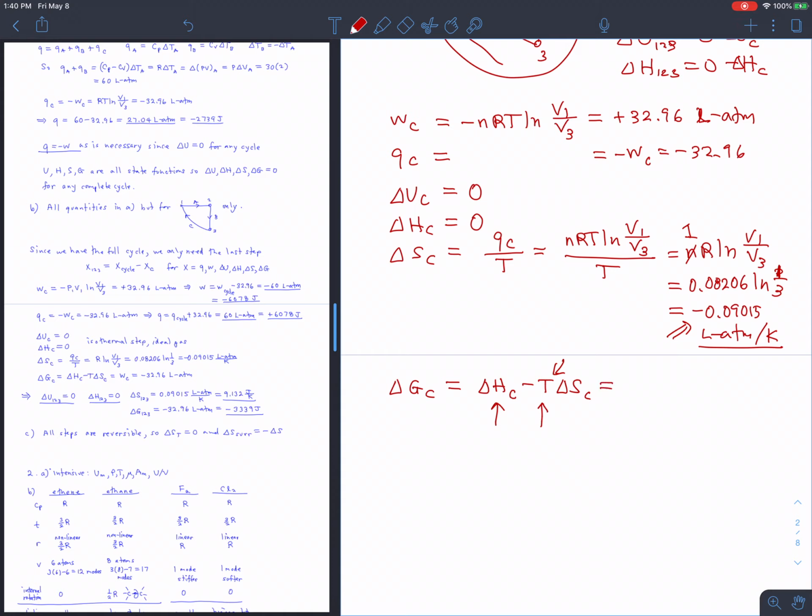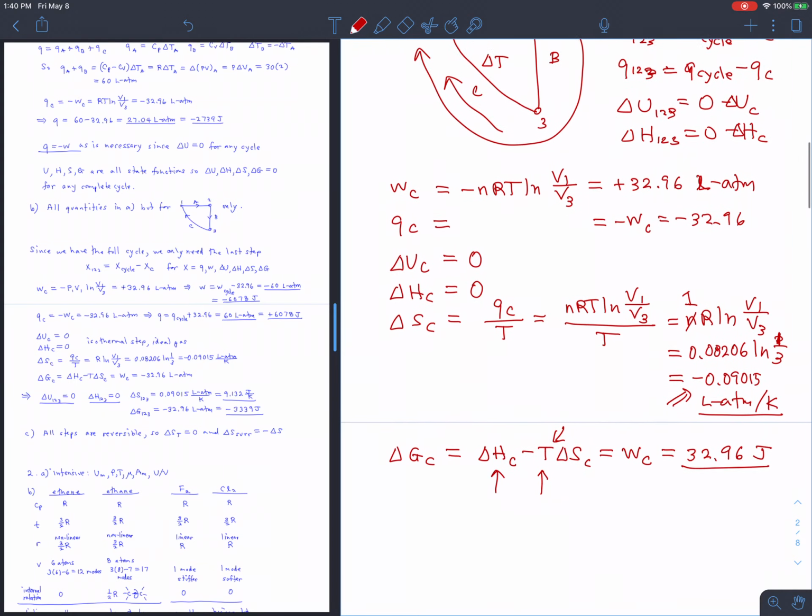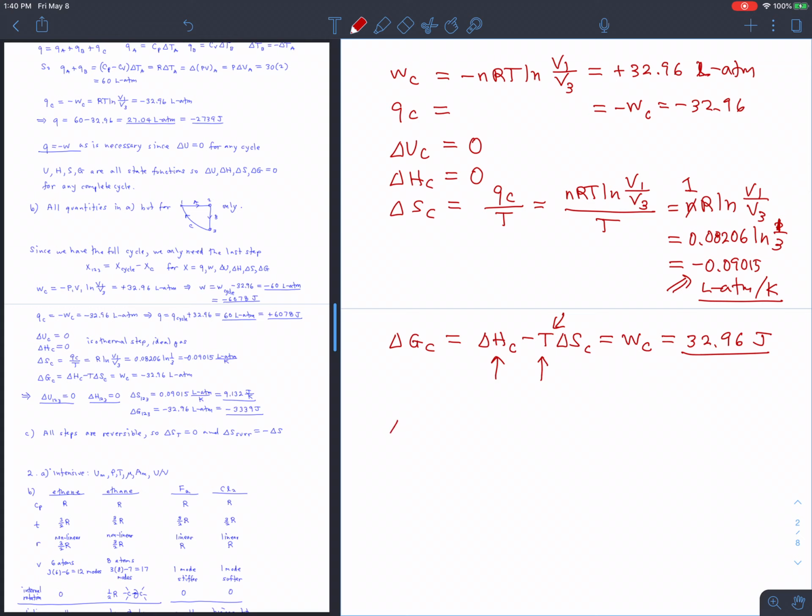But it's also equal to the reversible work. And all these steps are reversible, right? So we already know the number, in fact. It's equal to 32.96 joules. And so those are all the numbers for the C step. That means that delta W for 1, 2, 3 is going to be equal to W for the cycle minus WC.